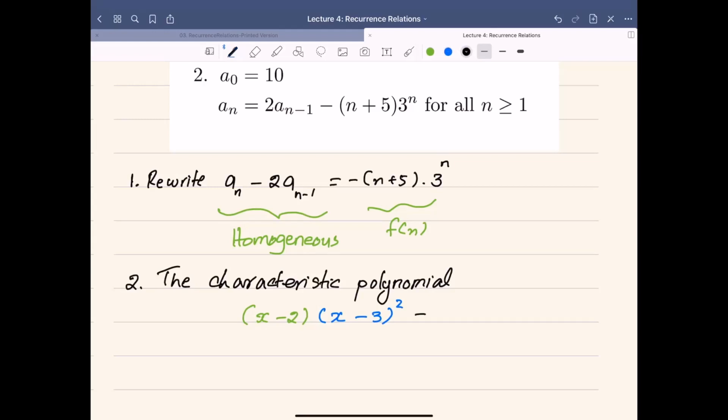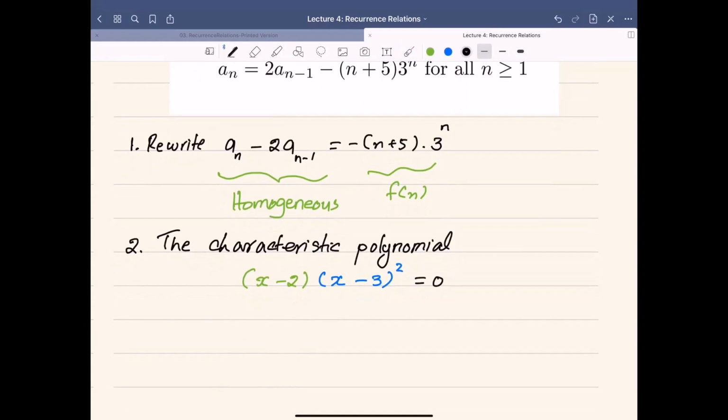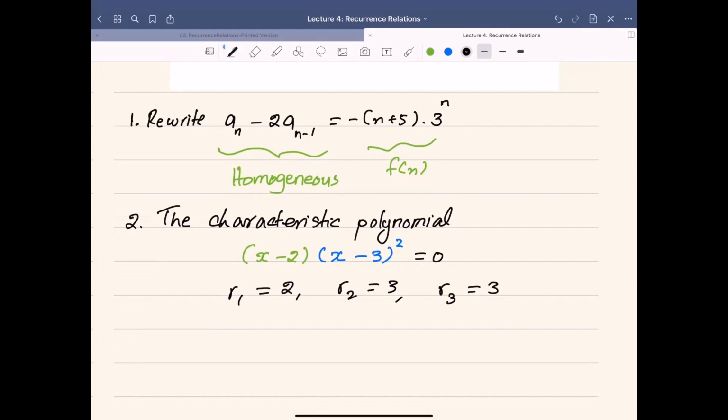And why is it (x minus 3) raised to power 2? Because this is a polynomial of degree 1, so the root should be raised to power d plus 1, and this is b raised to power n, and b is 3, so x minus 3. So what are the roots? The roots: r1 is 2, r2 is equal to 3, and r3 is also equal to 3 because we have repeated roots.